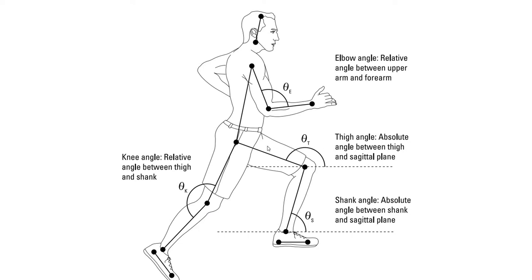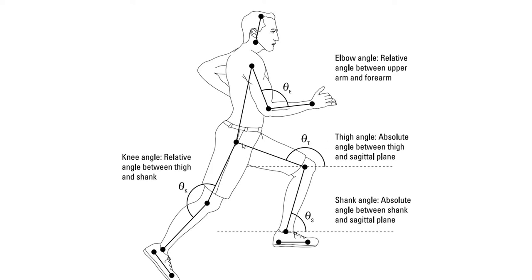So moving on to absolute joint angles then. The example we have here is the hip marker, knee marker, and a fixed line, and in this case we are measuring the angle that is produced here.